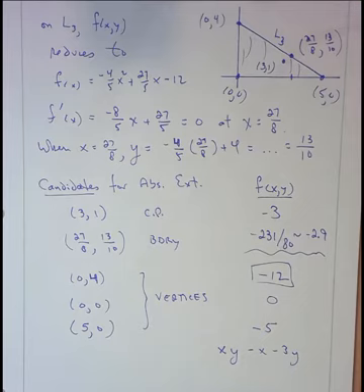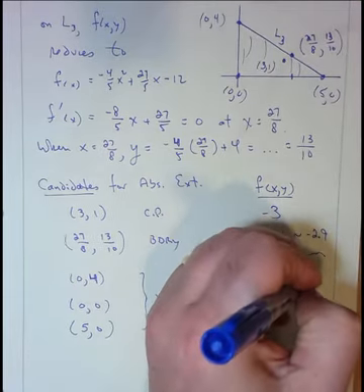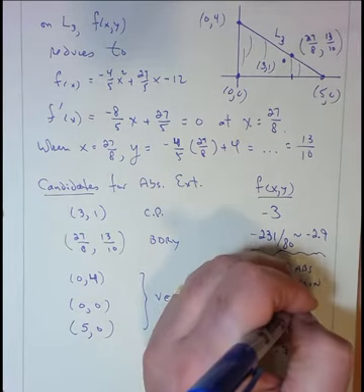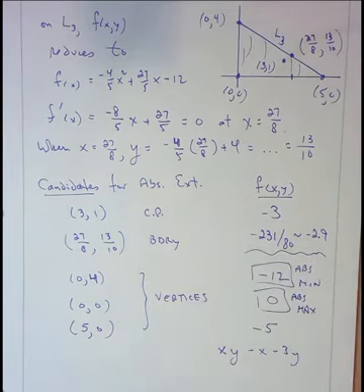The function doesn't get to any lower value anywhere over our region, and so this is our absolute minimum. What's the largest value? 0. Everything else is a negative number. Like that. So there are the absolute extremes for this function over that region.